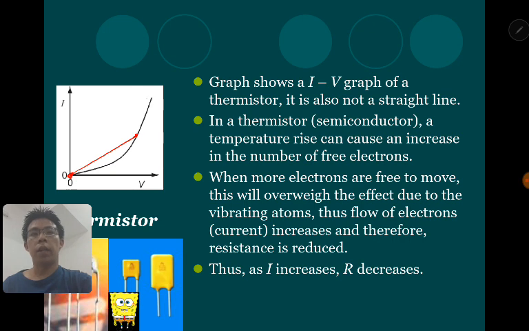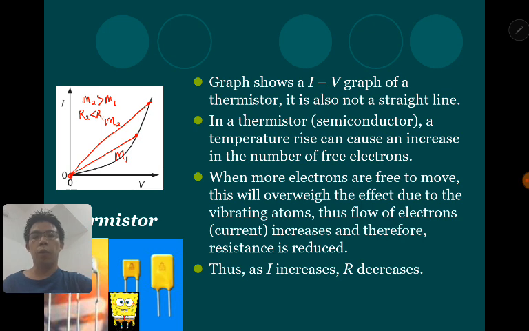And if you want to see how its resistance changes, you just draw another straight line to another point. Then we compare the gradient of these two lines. We notice that the gradient of M2 is greater than the gradient of M1. Therefore, the resistance at point 2 is less than the resistance at point 1.